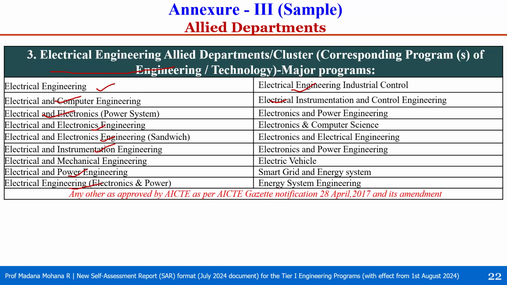Electrical engineering, electronics and power, energy systems engineering, smart grid and energy system, electric vehicles, electronics and power engineering, electronics and electrical engineering, electronics and computer engineering, and so on. Any others as approved by the AICTE as per the Gazette dated.